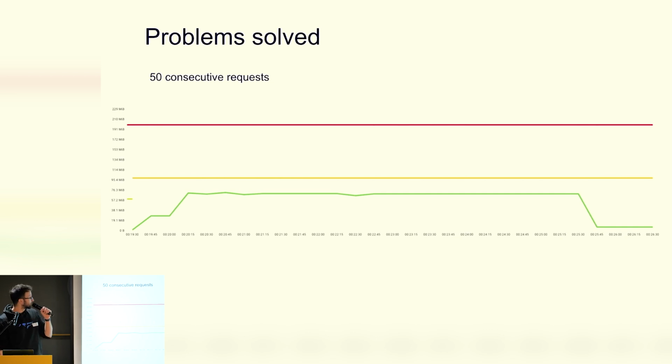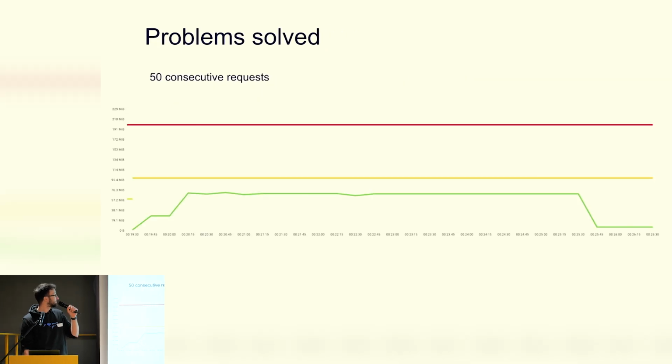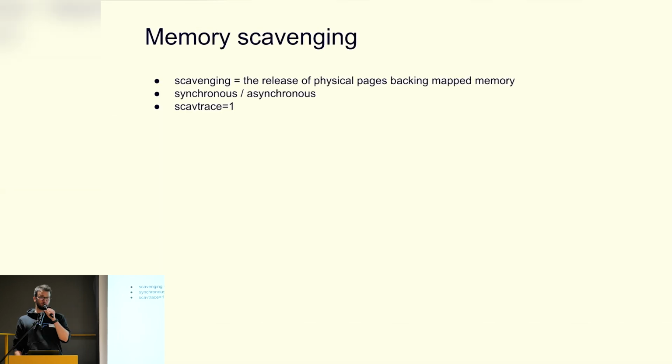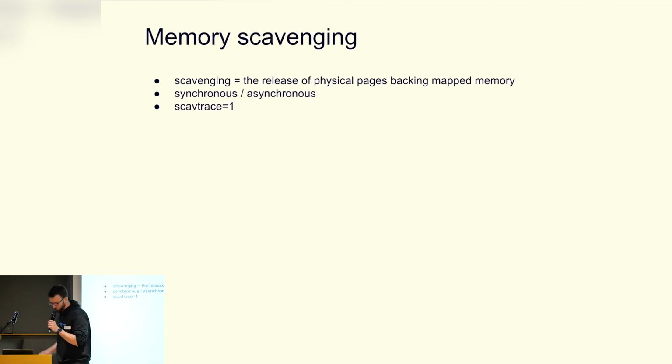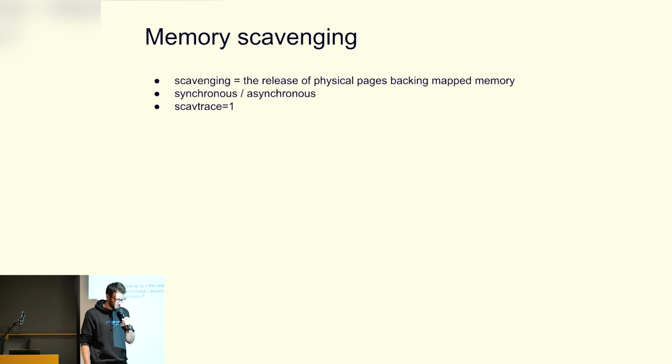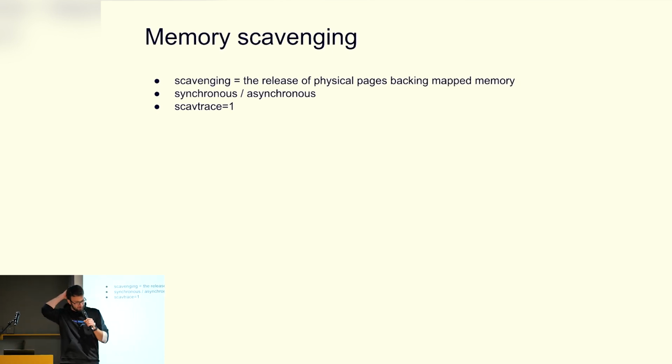Okay, so I think the two main problems are resolved, so we know what's happening, that's fine. And now the obligatory, how does the memory scavenging come into play here? So the memory scavenger is a piece of code in the runtime environment of Go, and it's actually responsible for returning the memory back to the operating system.